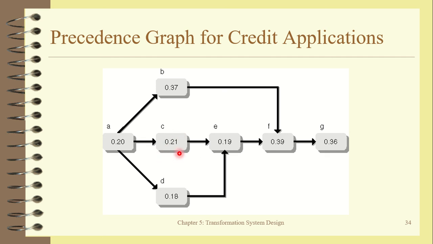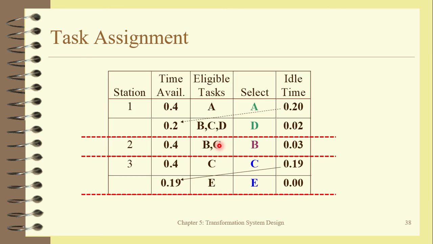That is C, 0.21. 0.21 is still more than 0.2, so C could not be selected. So you move to the last one, that is 0.18. 0.18 is less than 0.2, so you need to select this one, right? You select D, and D requires 0.18.